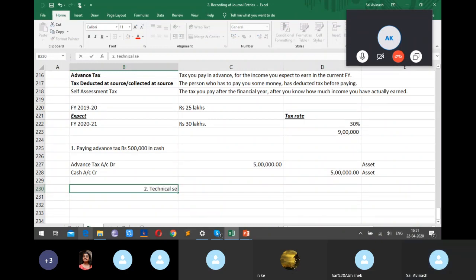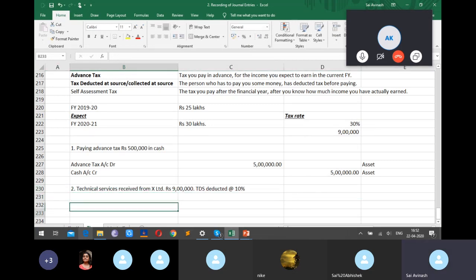Technical services received from X Limited, rupees 10 lakhs, with TDS deducted at 10%.